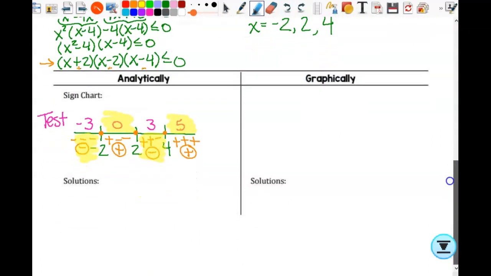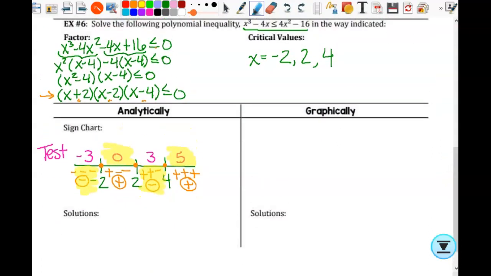So let's look back here. What I'm trying to figure out is what is happening when this function, right? Oh, goodness, sorry. When this function is less than or equal to 0. So less than or equal to, this means negative or 0.